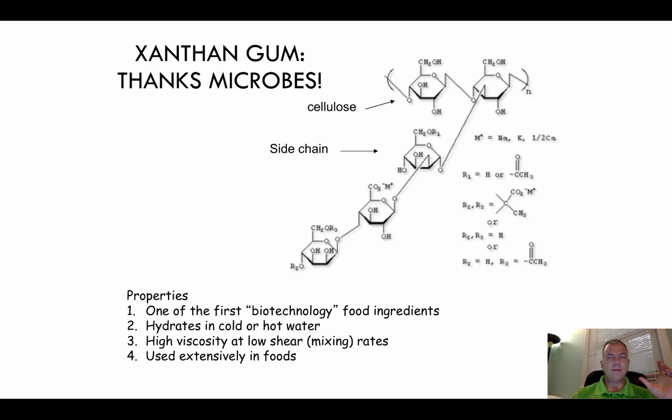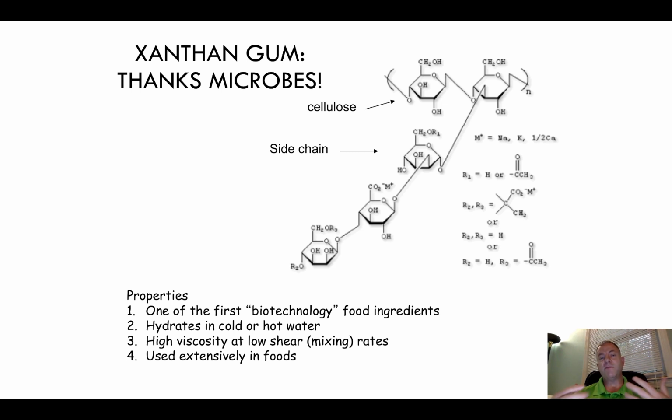So not only can we get cellulose type materials from plants, but we can also get cellulose, or modified cellulose in this case, from microbes. So xanthan gum, you may have heard of this, especially if you're into making gluten-free foods or buying gluten-free foods. Often you'll see xanthan gum as part of this, and this was produced as one of the first biotechnology-related ingredients.